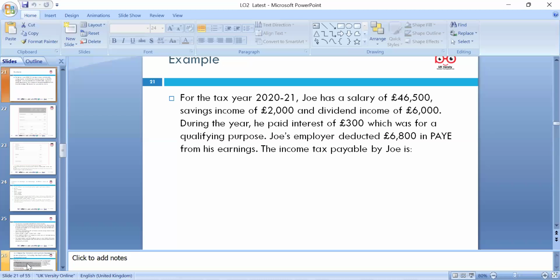This is for the tax year 2021. Joe has a salary of 46,500, savings income of 2,000, and dividend income of 6,000. During the year, he paid interest of 300, which is for qualifying purposes. We can look at how much was deducted at source.